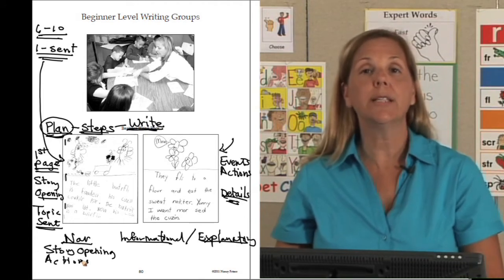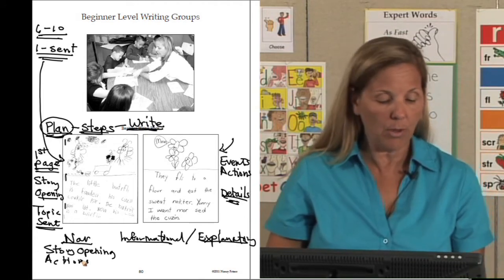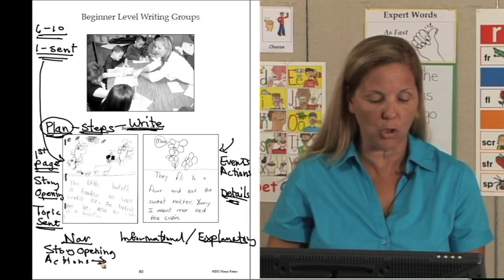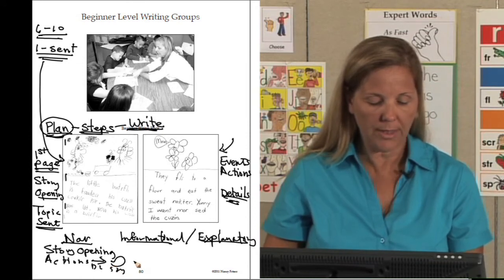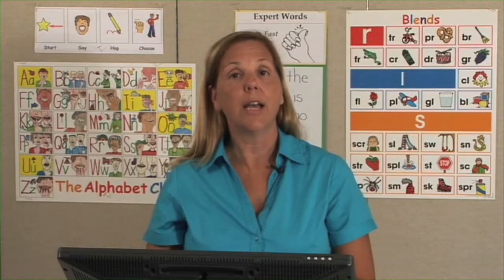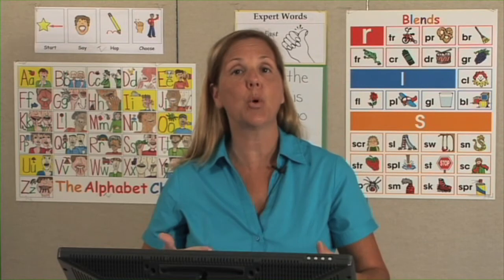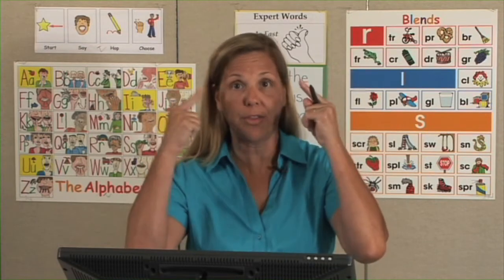You will notice in our writing that for the actions, the kids will be able to decide if the character will do, that will be our arrow, say, that will be a little dialogue box, or think, that will be a thinking bubble. A narrative then has a story opening, actions, where the character will do, say, or think.